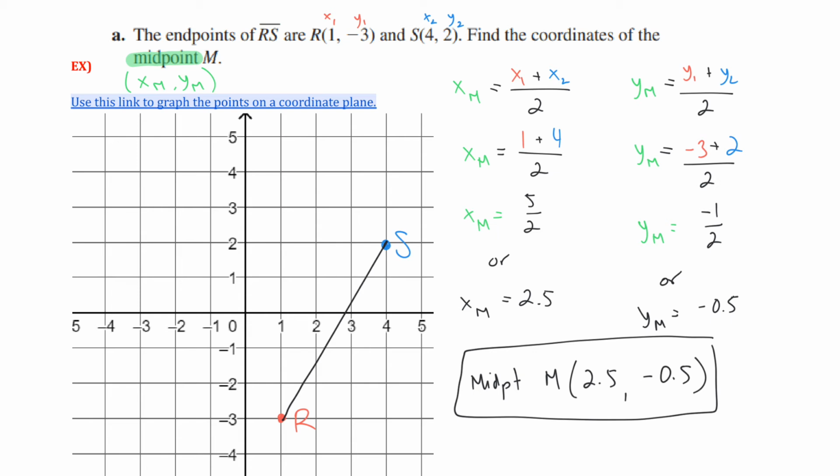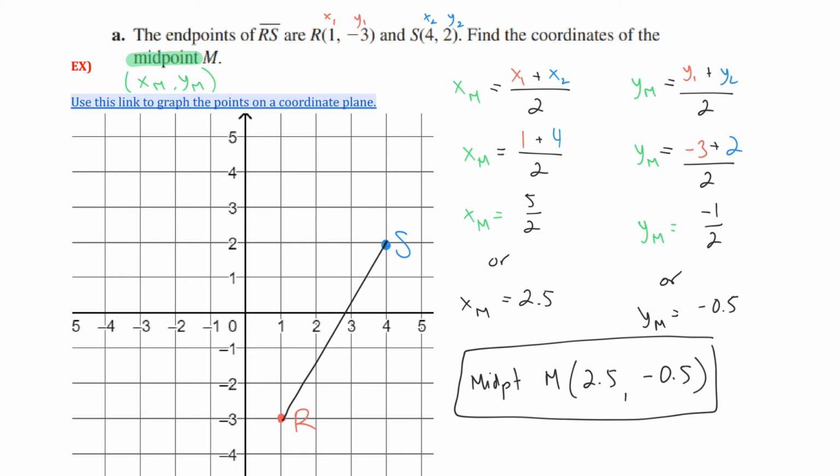Okay, so once you have connected the 2 points with a segment, we're now going to go ahead and also plot our midpoint coordinates, which tells us to go to the right 2.5 and down a half unit. So here we go, counting. From the origin, we go to the right 1, 2.5. And then we're also going to go a half unit down.